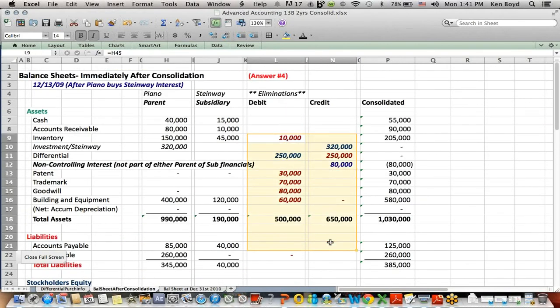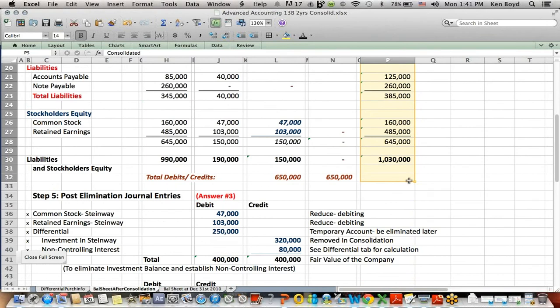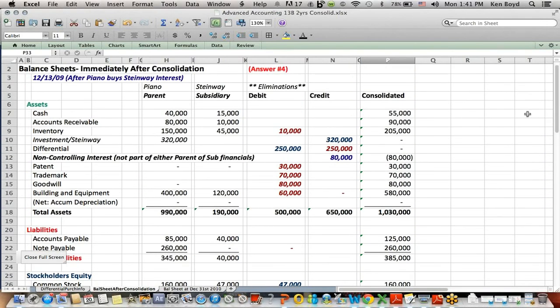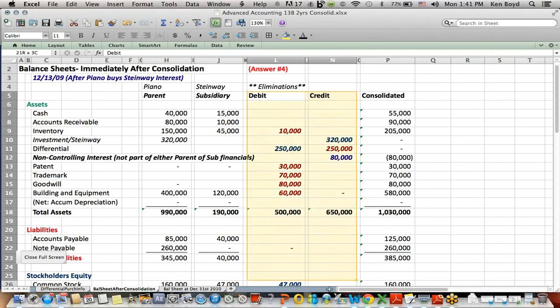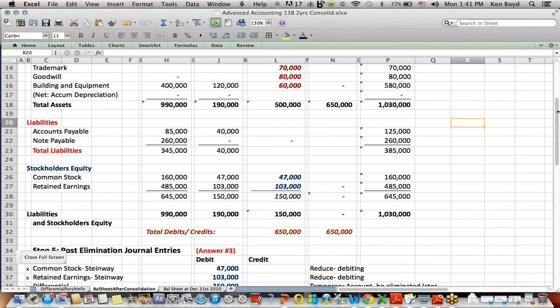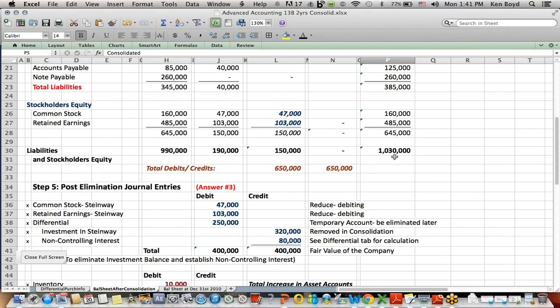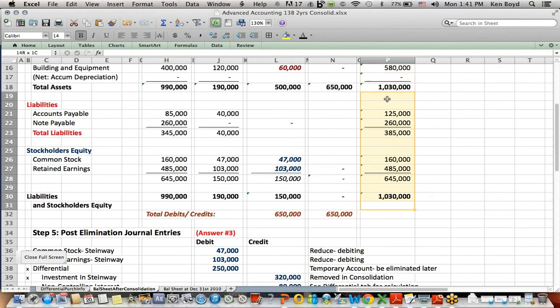Now the tricky part is getting this to roll across so that you have consolidated financials. You'll see that in the elimination entry columns, debit and credit, debits equal credit, so that's a good check figure. And then I add across and I end up with consolidated assets and consolidated liabilities and equity.